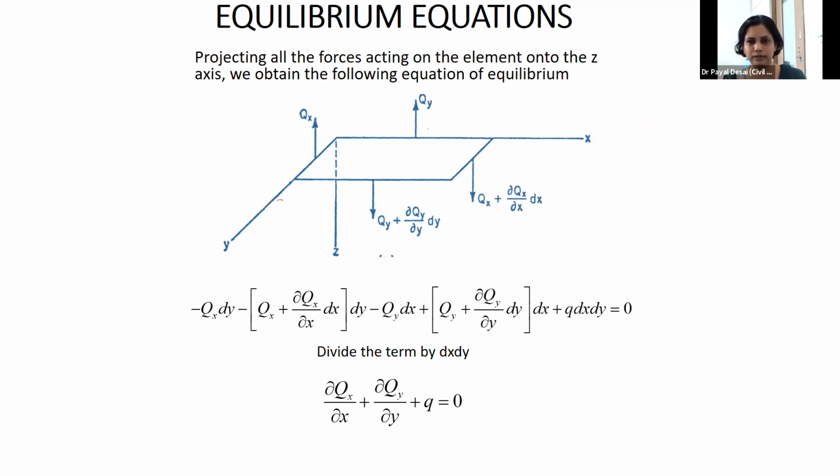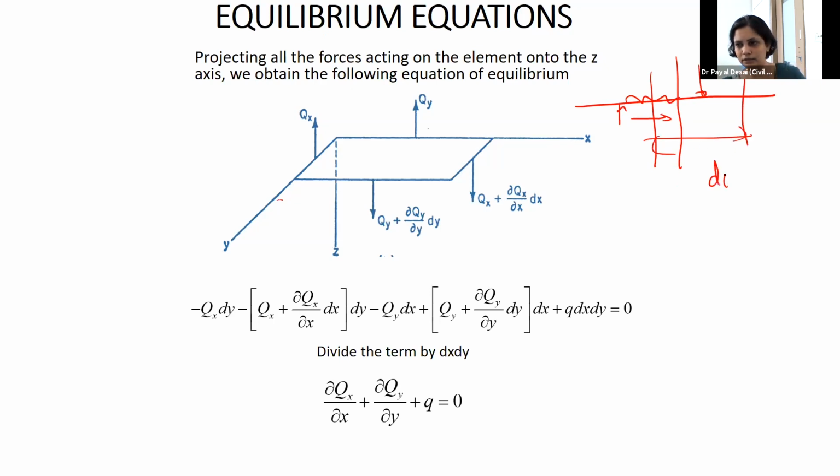Why variation? I will give you a simple example. In case of beam also, suppose there is a load applied here and I travel from here to here. The bending moment here and here is not the same, right? So there is a variation in the bending moment. And how do I write it? If the moment here is m, the variation in the moment is dm.